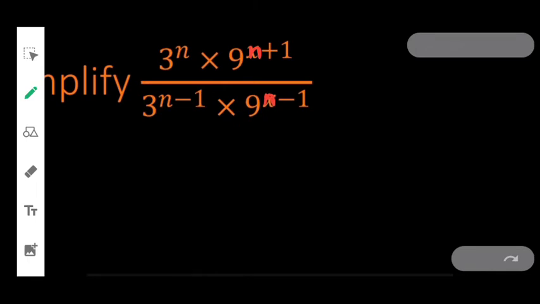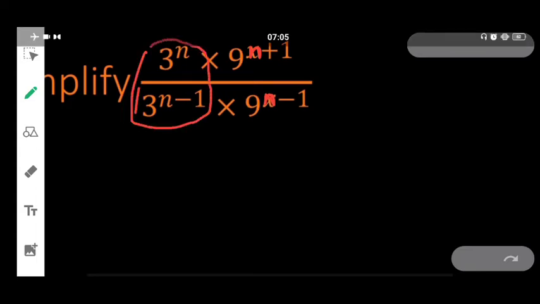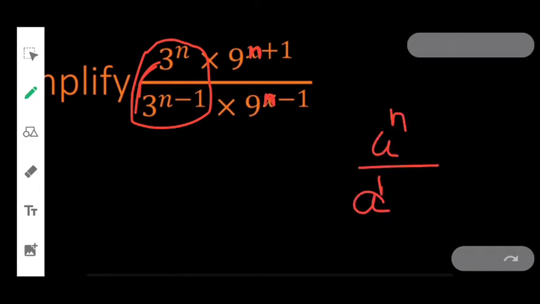Okay, so 3 to the power n by 3 to the power n minus 1. The bases are the same, and we all know that a to the power n by a to the power m is a to the power n minus m.